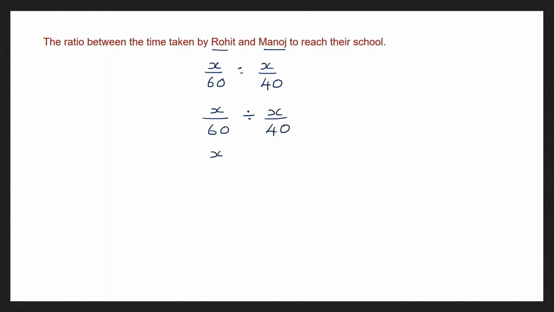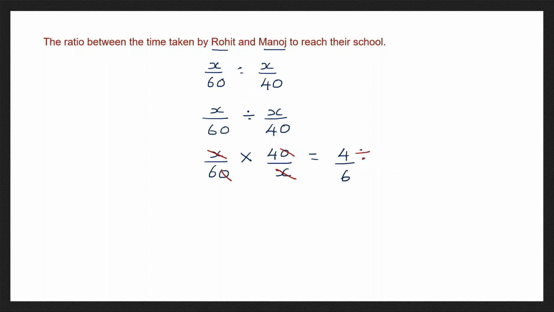Now I will change this division to multiplication and for x by 40, I will write the reciprocal, it becomes 40 by x. Now let's see what we can cancel. I can cancel the x and I can cancel the zeros. So what do I have now? I have 4 by 6, which I can reduce to the lowest term.